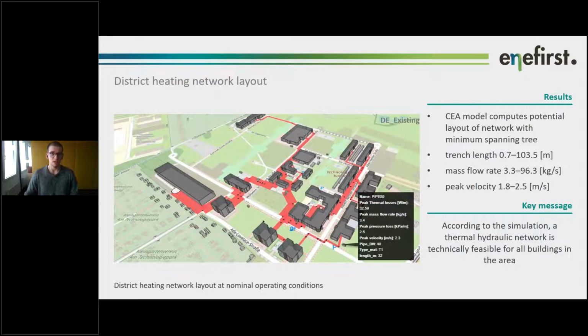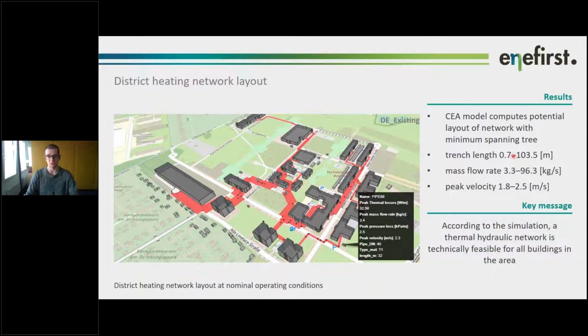What you see here is a possible district heating network layout for the example of the existing scenario in Germany. So basically what the model does is that it computes the potential layout of a network with a minimum spanning tree algorithm. And it also computes the water flows between these network branches, or these trenches.